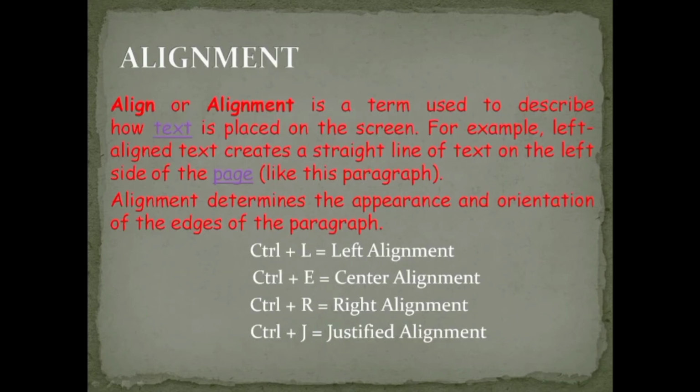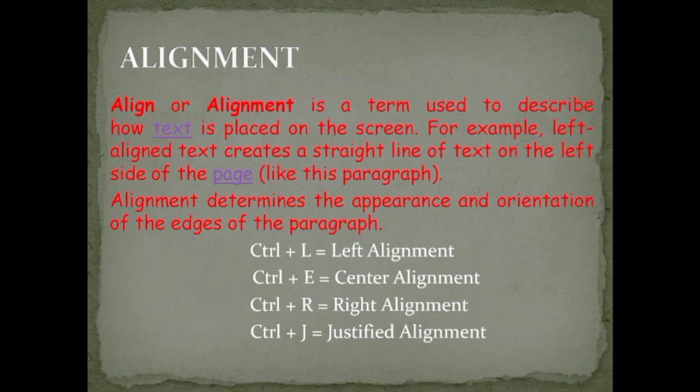If we want to perform that operation, then inside the Review tab, we have to select the thesaurus command in the proofing group. The research task pane appears on the extreme right side of your window and it displays the synonyms and antonyms of that particular word. Then you have to move the cursor of your mouse and select the suitable word.